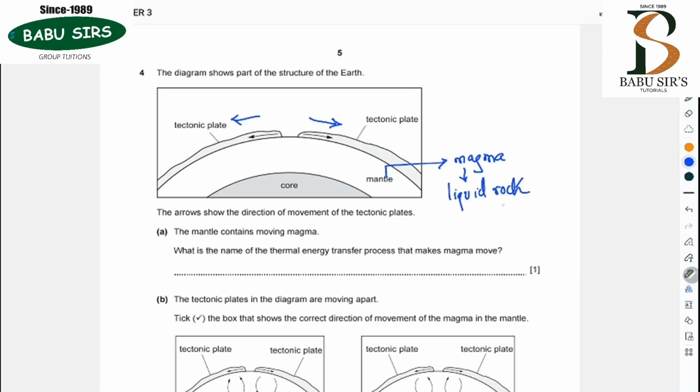Now this liquid rock moves in a particular direction. So if the liquid rock is moving in this way, then only it can push this rock in this way. And this movement is called convection.